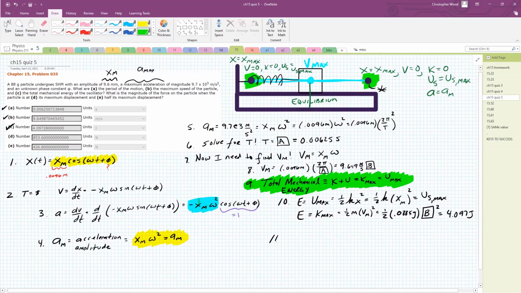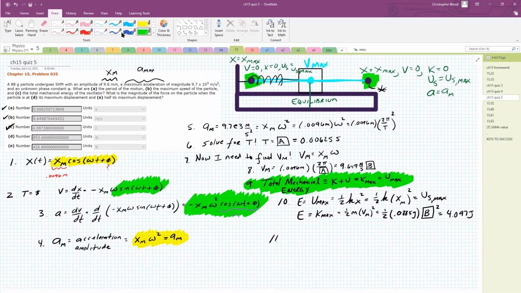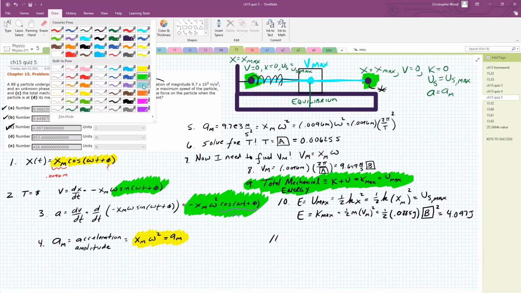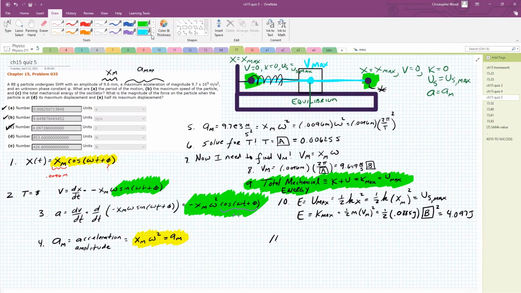Because of this expression for acceleration: acceleration depends on the cosine of the motion, whereas the velocity depends on the sine. So those are always 90 degrees out of phase. This is a lot of good information crammed into one pretty dense drawing.